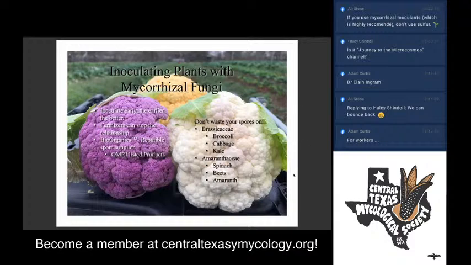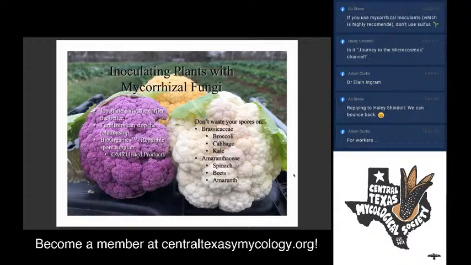So what crops don't you want to waste your spores on? Like I said earlier, 95% of plants associate with mycorrhizal fungi. Well, there are 5% that don't. These are usually the early pioneer species that come into an ecosystem when it's recently disturbed, and so the soils themselves are very low in organic matter, very low in structure, very high in bacteria, and these plants don't associate with mycorrhizae.